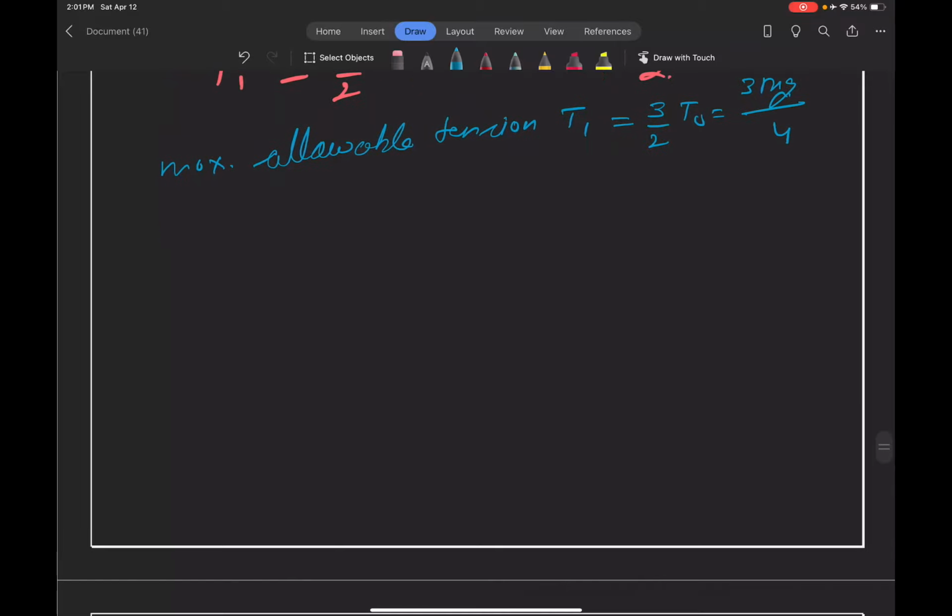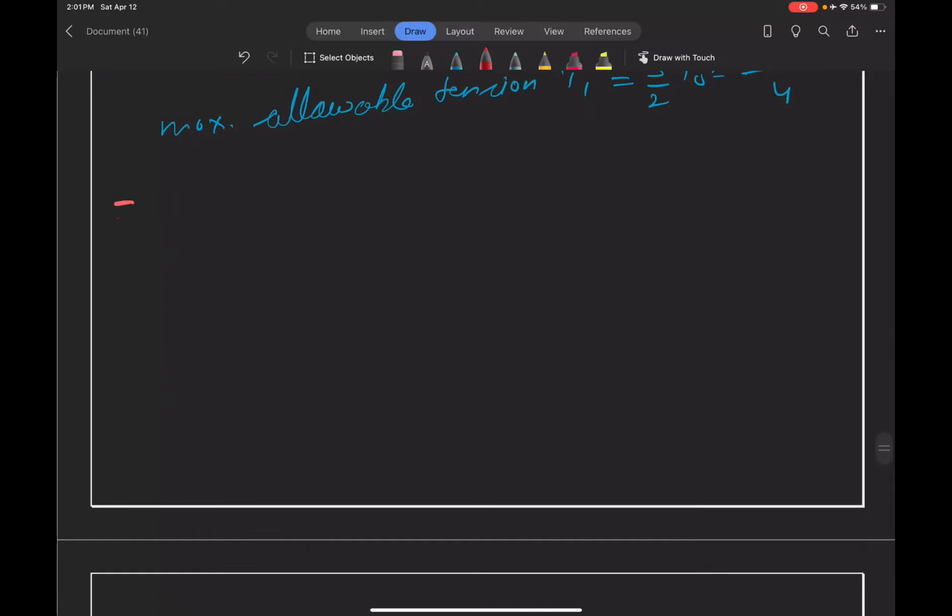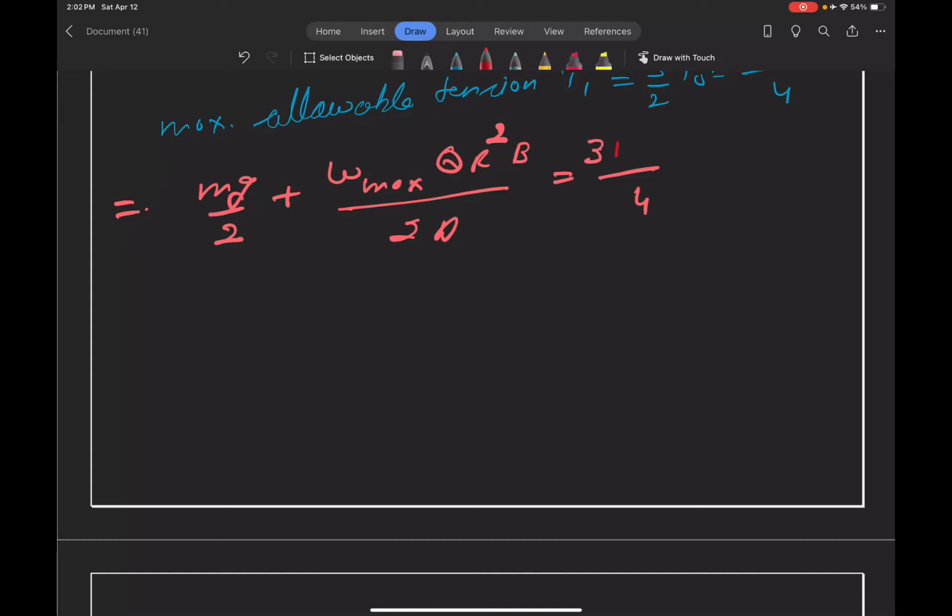And now we can just modify the equation of T1 because we are only interested in this T1 equation. So mg by 2 plus, now omega will be our omega max, and here we have q r square b divided by 2d is equal to 3 mg by 4.